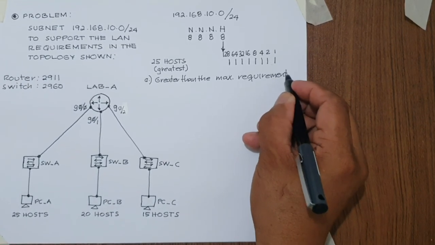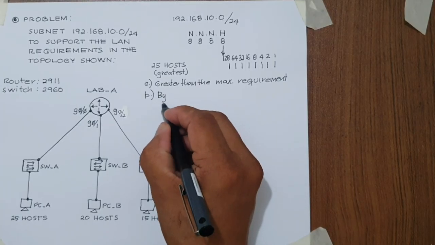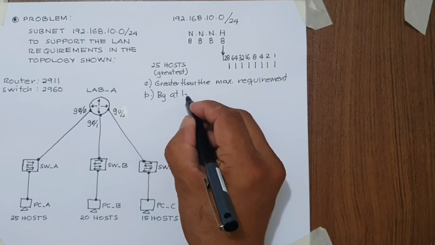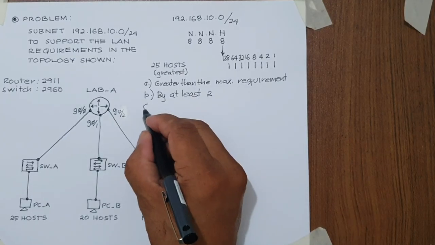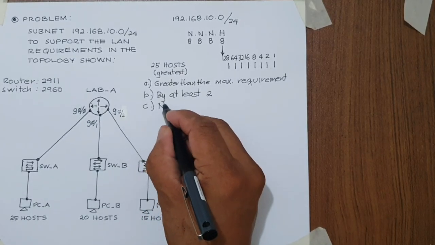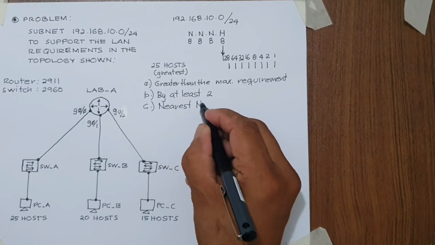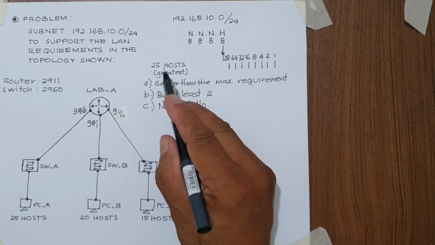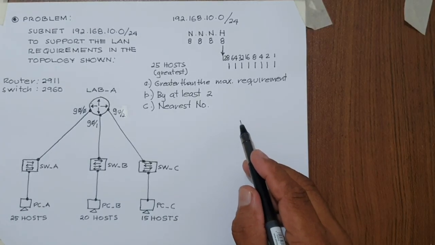Next, it must be greater by at least 2. And it must be the nearest number to the identified greatest number.